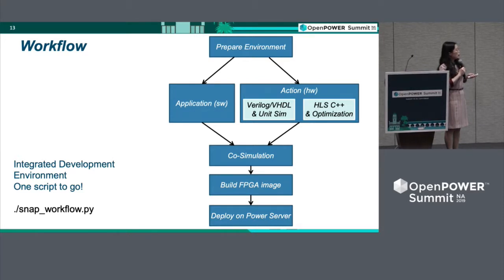After preparing the environment, you have to write the application running on CPU. You also have to design your acceleration on hardware. You have two options here. One is to write the Verilog design, and the other is to use HLS C++.